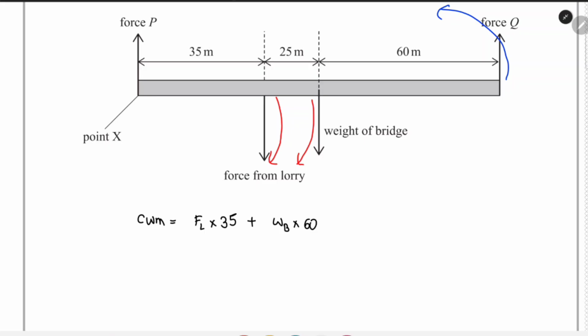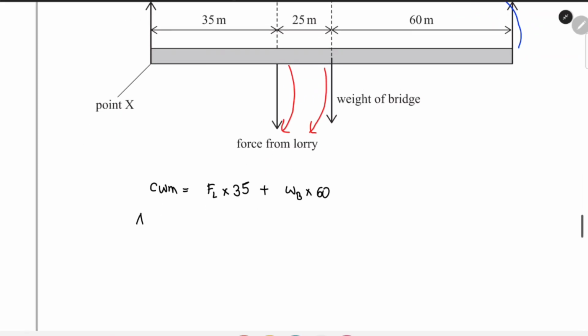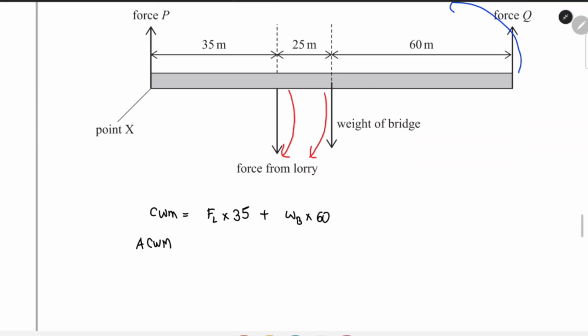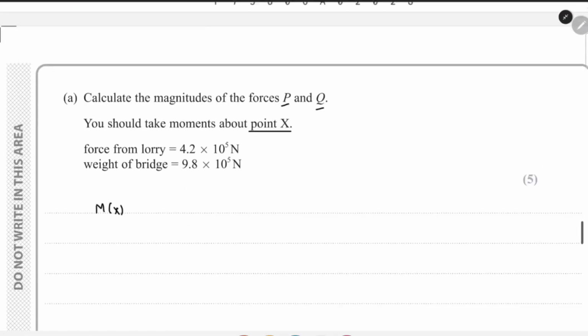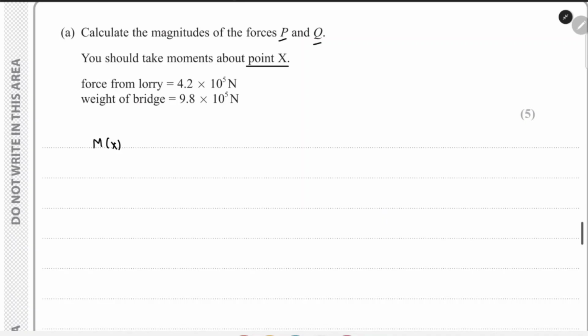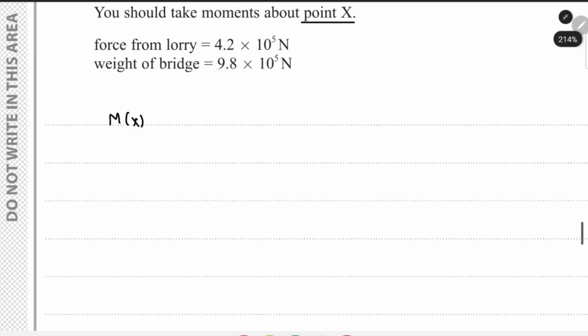So we have force from lorry into 35 plus weight of bridge into 60, whereas the anti-clockwise moment is the length of the bridge, so add 60 to it, 120 multiplied by Q, so Q into 120. Now for the bridge to be balanced at this point, both of them must be the same.